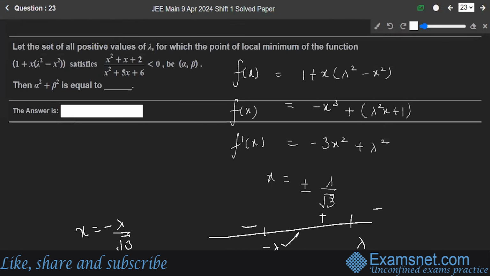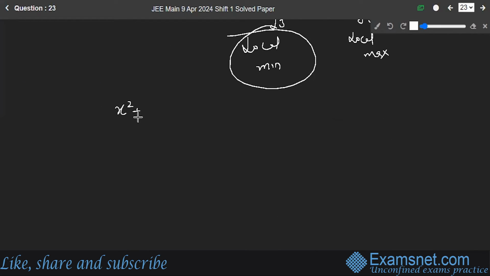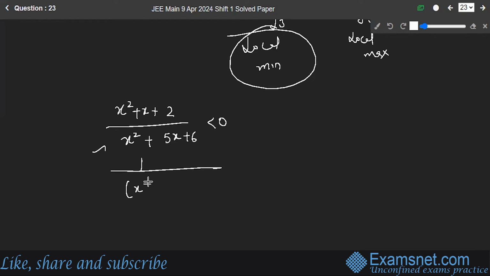So now let's see the second one. You have to satisfy this equation: x² + x + 2/(x² + 5x + 6) ≤ 0. So that means 1 + ..., if I'm factorizing the denominator, (x + 3)(x + 2) is also less than or equal to 0.